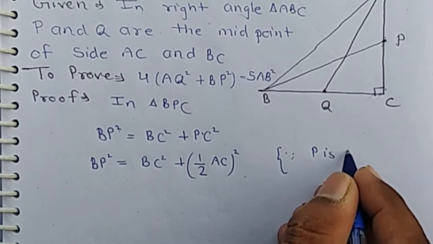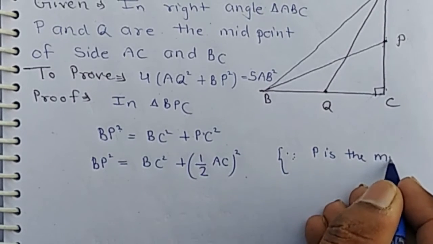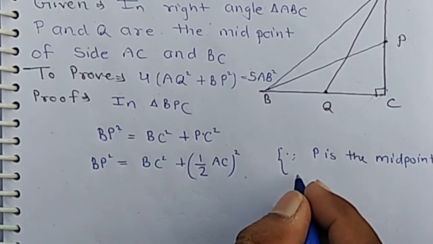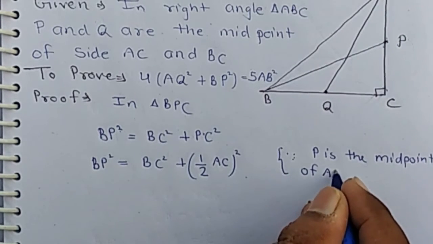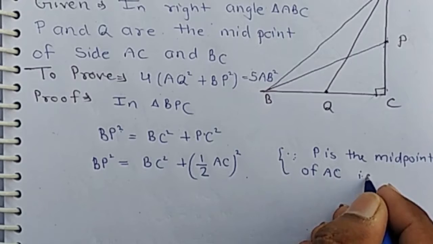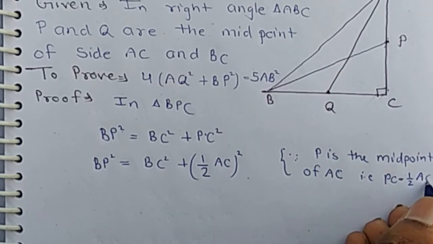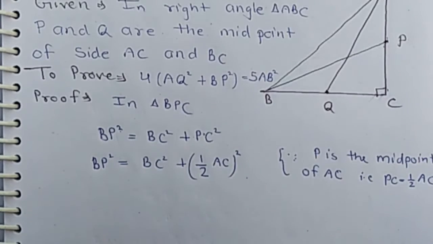P is the midpoint of AC, that is PC equals half of AC, and we put the value of PC.